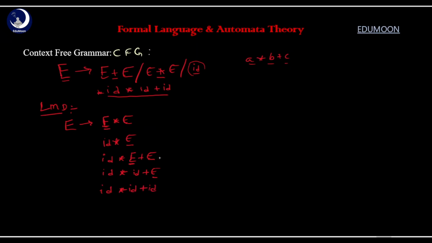This is how this string is generated in the grammar. So this is LMD, where we always start with the leftmost variable. Whenever there are two variables, we select the leftmost one.